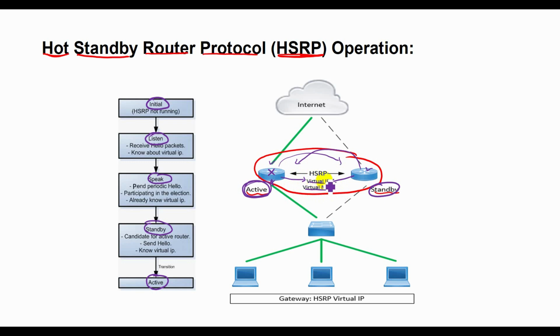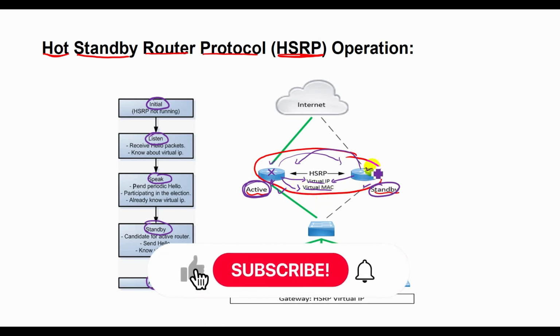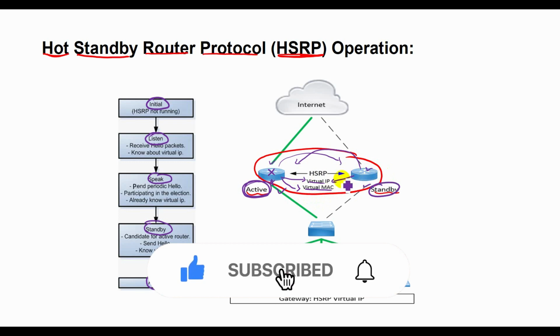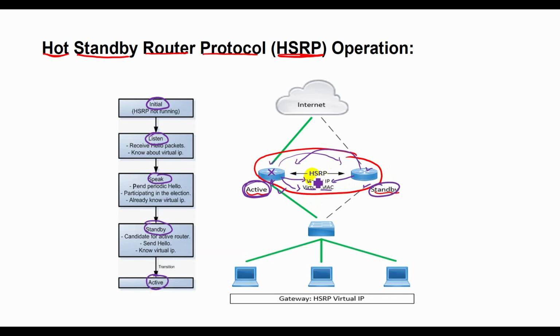This virtual IP address is part of the HSRP configuration and belongs to the same subnet as the physical interface IP address, but it is a different IP address. The router then automatically creates the virtual MAC address. All the cooperating HSRP routers know this virtual address, but only the HSRP active router uses these addresses at any one point in time.